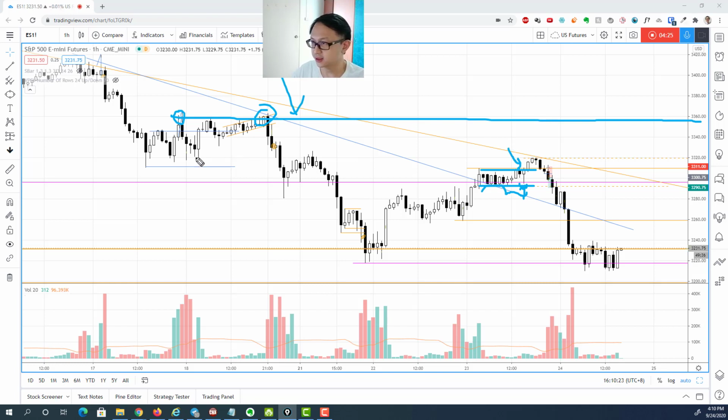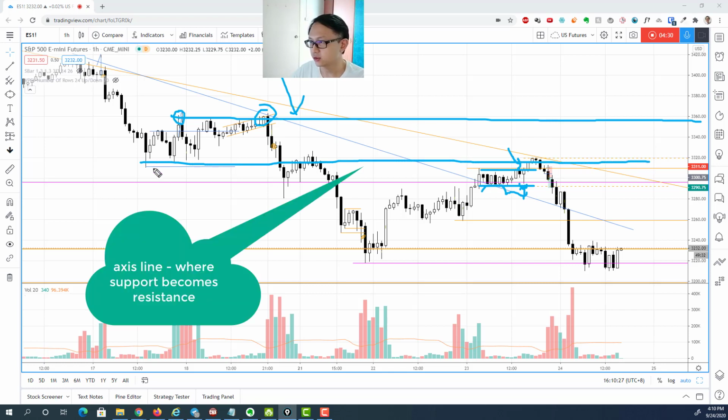However, you can see that it just tested the axis line. This is the axis line where resistance becomes support, and support turns resistance as well.